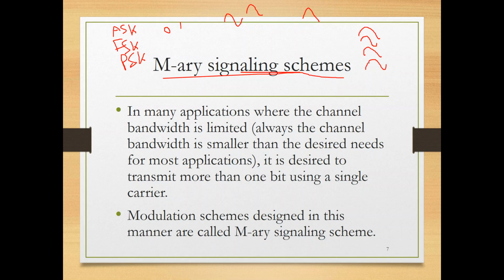Because in case you have 2 levels, then you have 0 or 1, and each level carries only 1 bit. But if you have 4 levels, how many bits? 2. If you have 16 levels, how many bits can each level carry? 4, exactly.